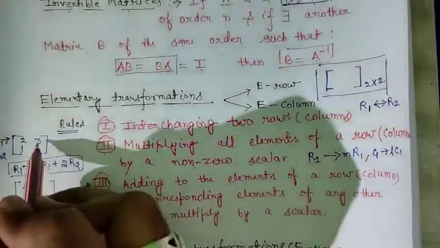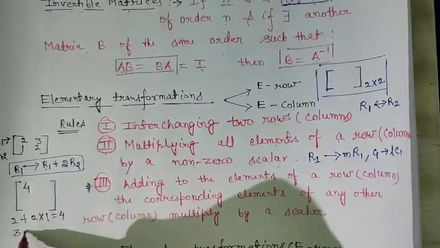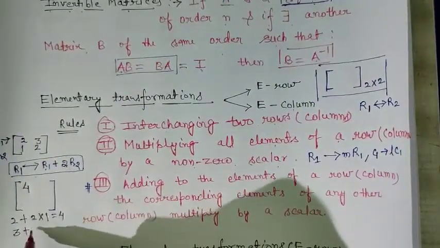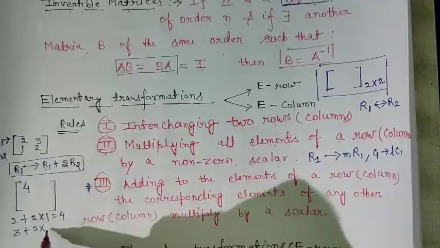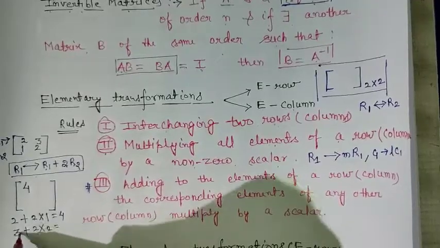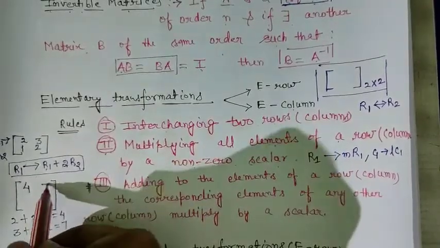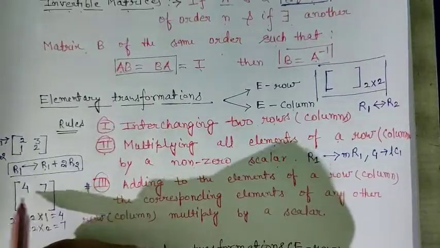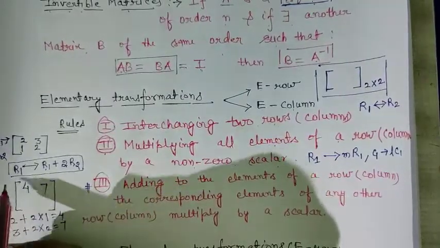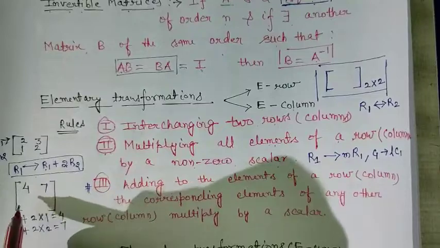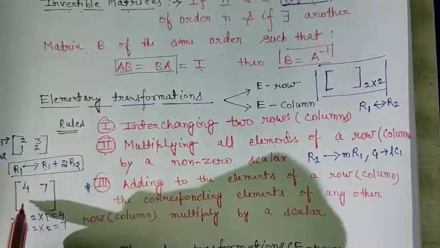Similarly, in place of 3 I will write 3 plus 2 into 2, which is 4 plus 3, 7. So here I will write 7. This way we get a new R1, and R2 will remain the same.